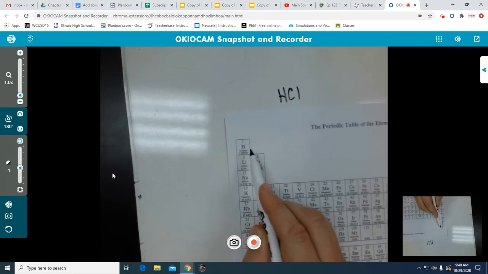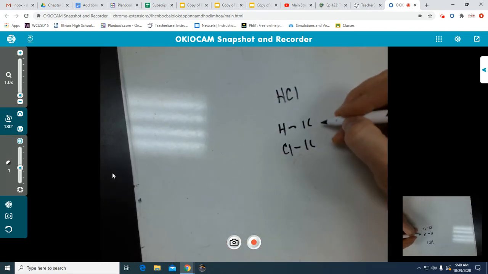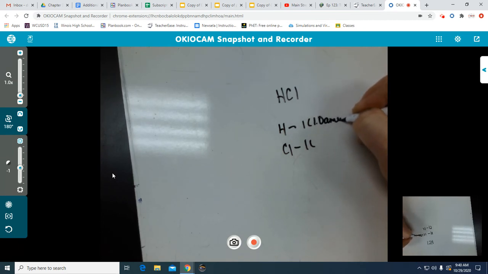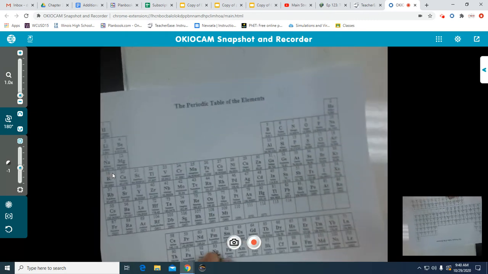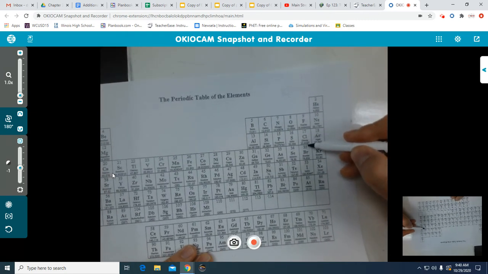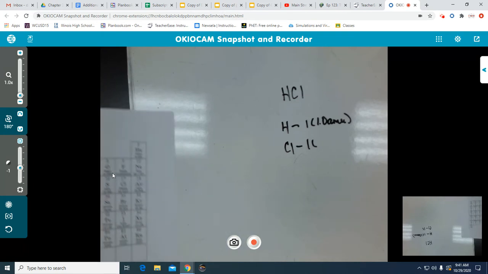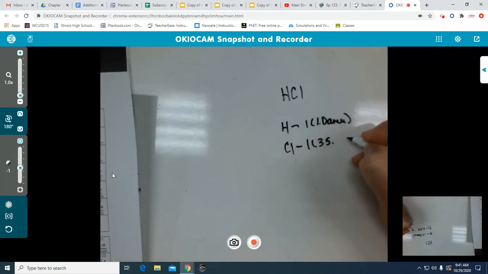So again, hydrogen is going to have an atomic mass of 1. Again, we're going to use the rounded values here. And so we have 1.0 AMU. And chlorine right here, 35.4527. That first decimal point is still below 5, so we're going to go ahead and round down. And so we're going to round it to 35.0 AMU.